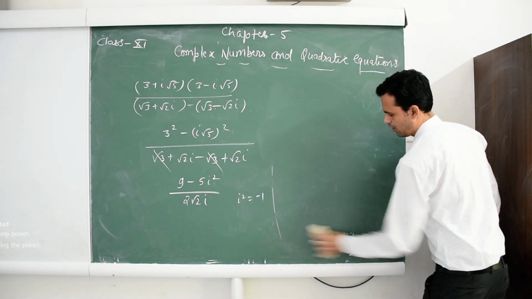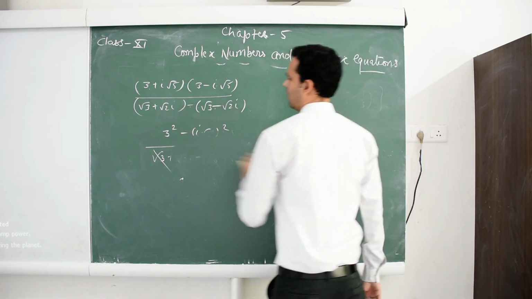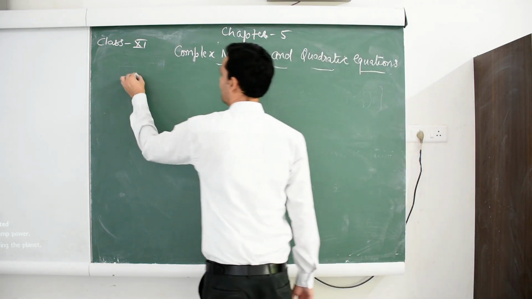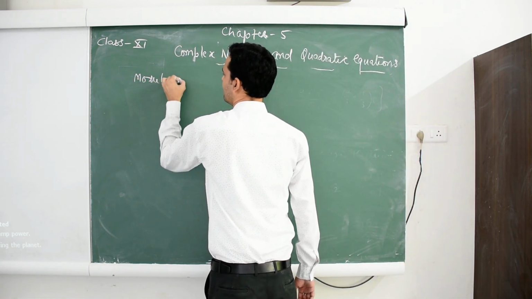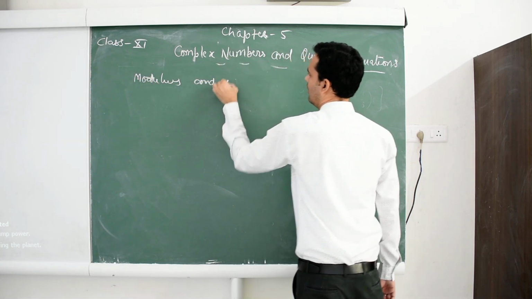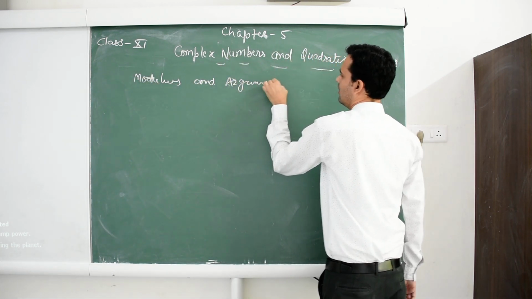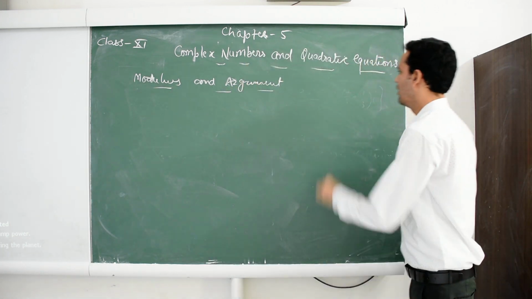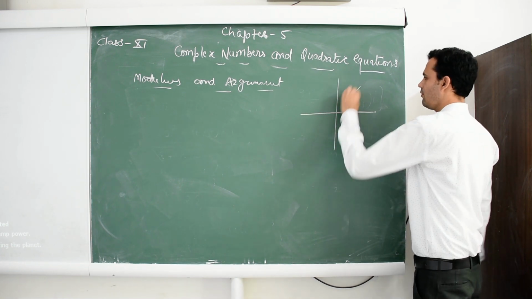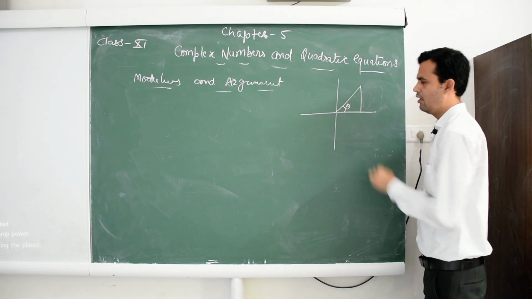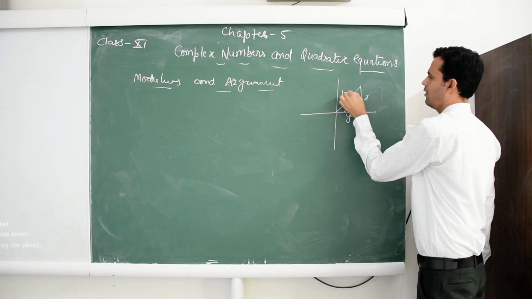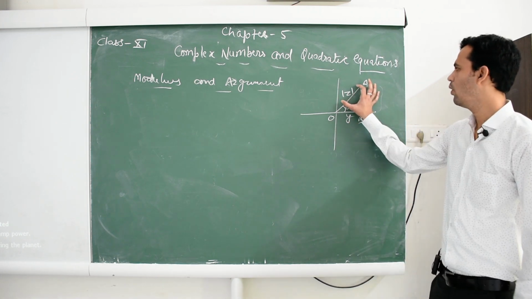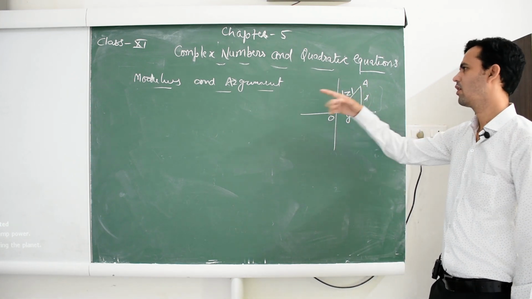Now the next topic is modulus and argument of complex numbers. Argument is also called amplitude. This angle is theta, this is x and y, and this length OA is called the modulus of the complex number.